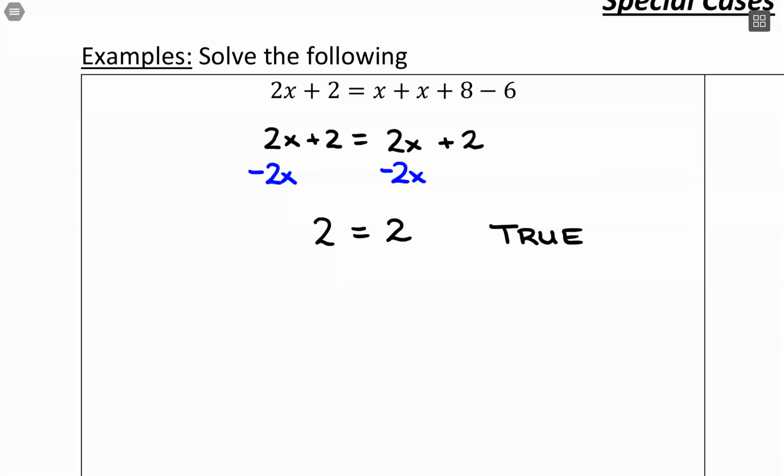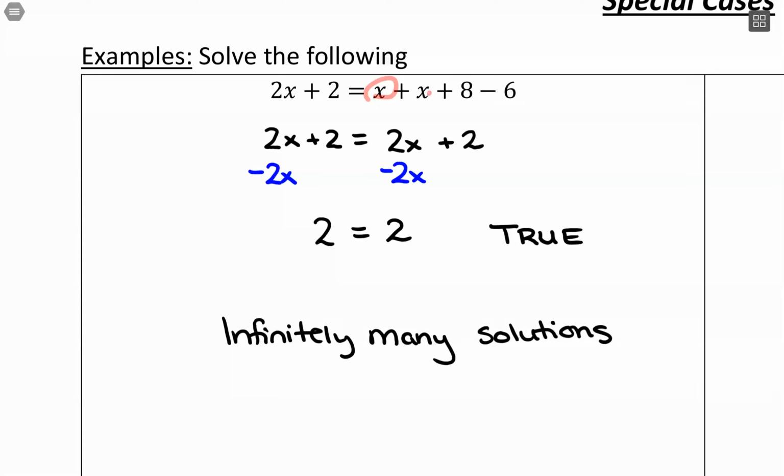But what's key is that when we have this statement involving our constants, it's a true statement. And when it ends up being a true statement, that leads to the conclusion of infinitely many solutions. So that means we could choose absolutely anything for x and plug it in, and it will balance on both sides of the equation.